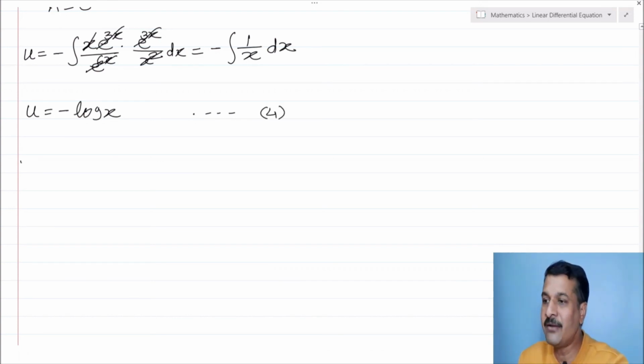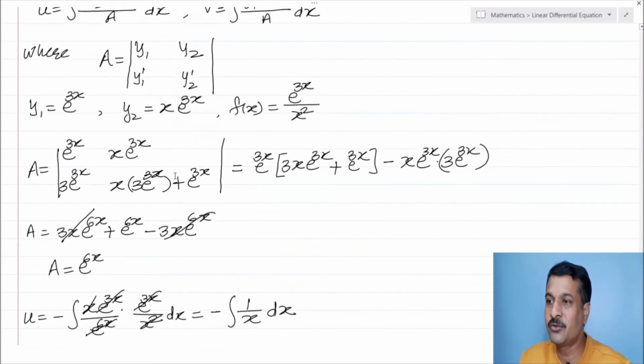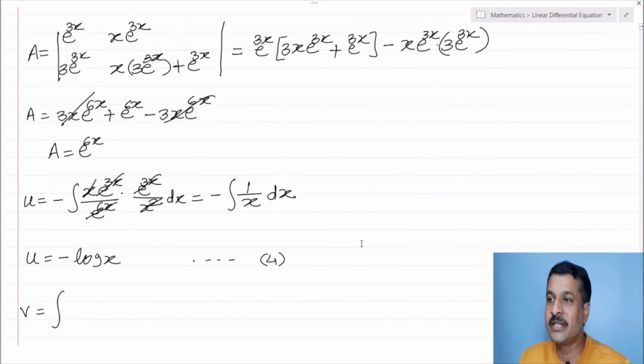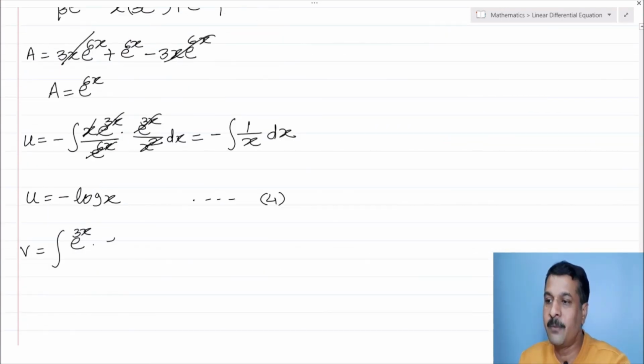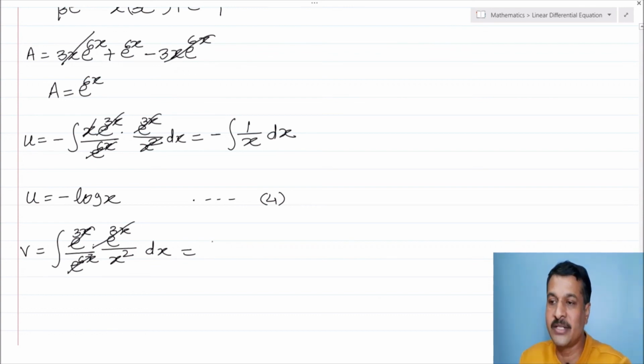Now you find the value of v, and what is the formula? It is the integration of y1 into f of x divided by A. So y1 into f of x is e raised to 3x into e raised to 3x upon x square, and the whole divided by A, which is e raised to 6x, dx. So e raised to 6x will cancel with e raised to 3x into e raised to 3x, and I am getting simply 1 upon x square.